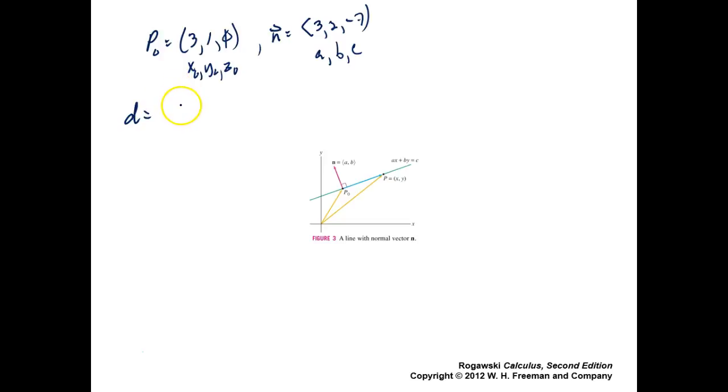The n values? Okay. Yeah, those are your A, B, C. There's your A, there's your B, there's your C. Here's your x0, y0, z0. So what is your D equal to?